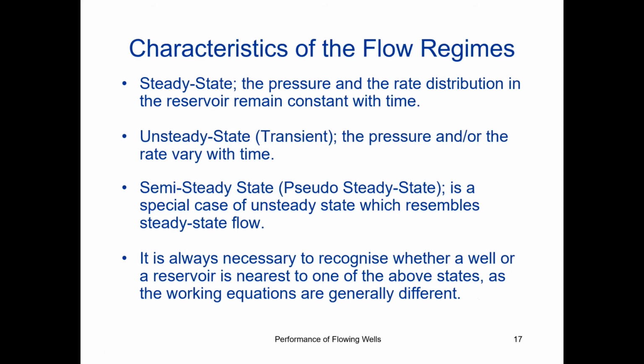For radial flow, we can have steady state, unsteady state, and semi-steady state. Steady state means that there is no change with time. Semi-steady state is when the change in pressure with time is very little. That is valid for gas and gas condensate reservoirs.